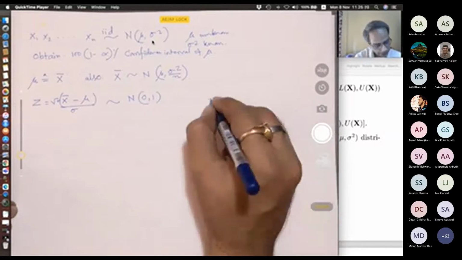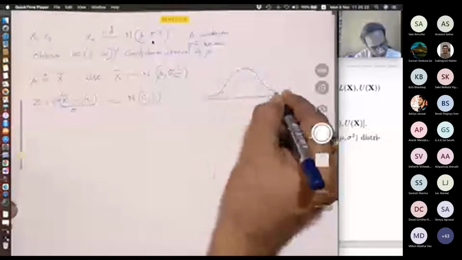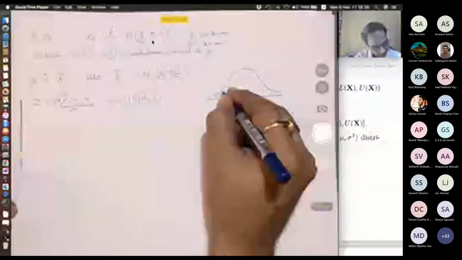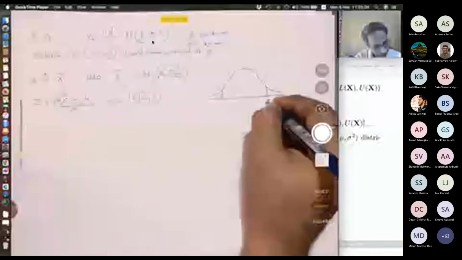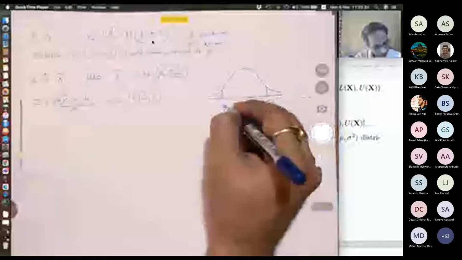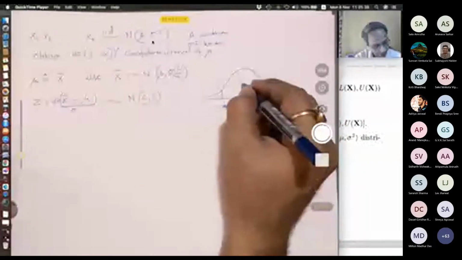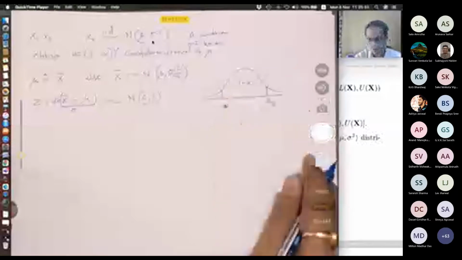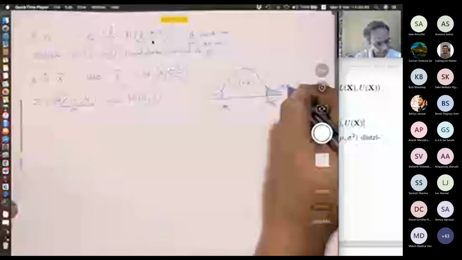So if this is the distribution of Z, I am considering this is Z alpha by 2 and this is minus Z alpha by 2. So within this region, the probability that Z will belong is 1 minus alpha. This region is alpha by 2.